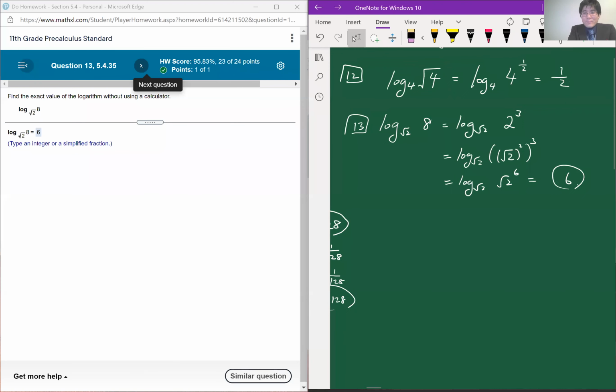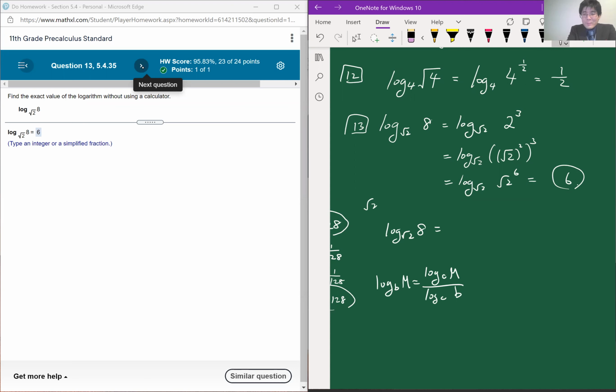Now, if you know the change of base formula, then this can probably be solved more easily, like this. The change of base formula says log base b of m can be re-expressed as log base any c of m over log base c of b.